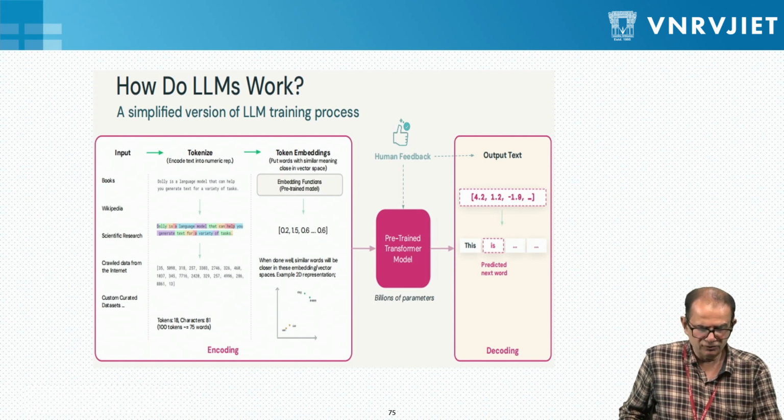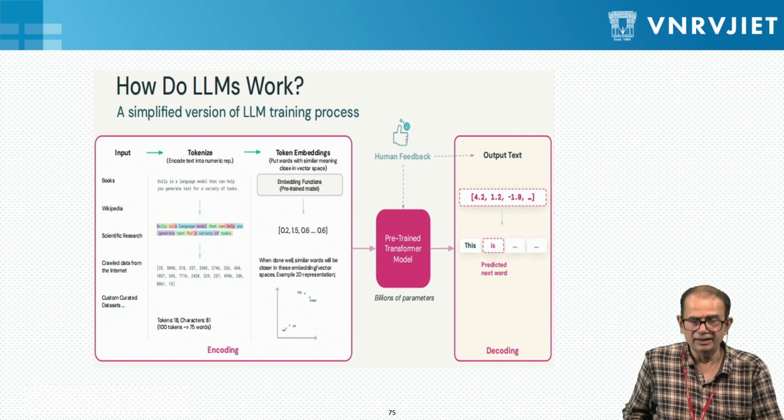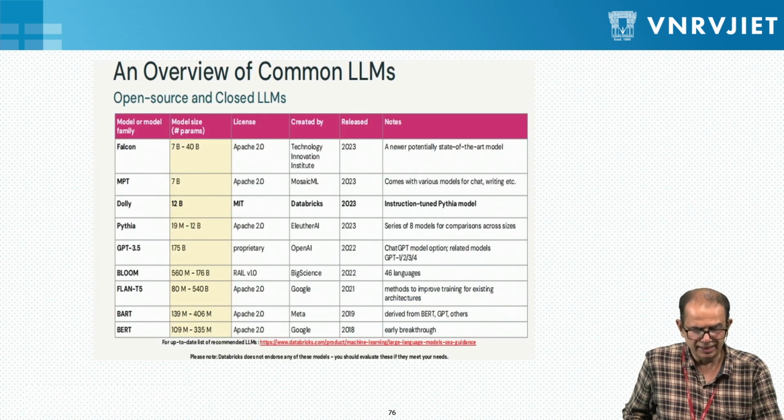Now how do LLMs work? We have some input, and then we tokenize that and we embed that, and subsequently we train it. Then a transformer model is generally used, and subsequently the output is given to us. Also, we may use human feedback, but the encoding and decoding which happens in the transformer model is what helps in the creation of the LLMs.